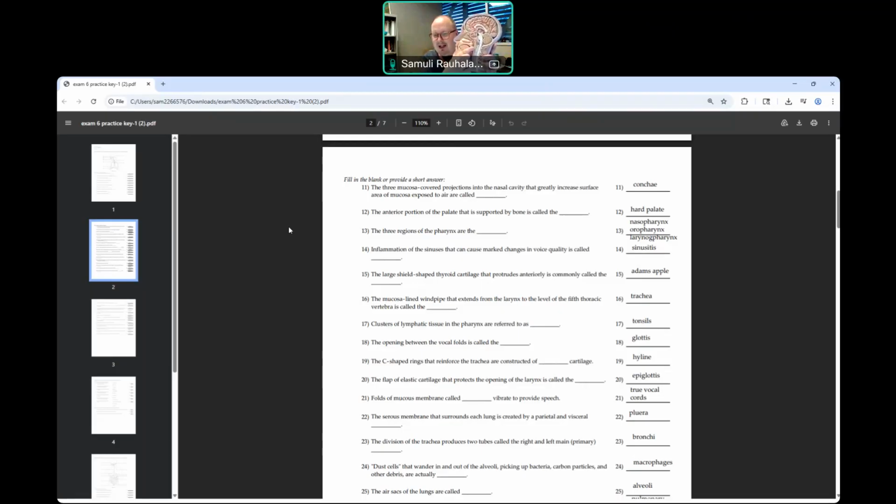It could be divided into three regions: behind the nasal cavity, nasopharynx; behind the oral cavity, oropharynx; and above the larynx, the laryngopharynx. Remember, we had those empty spaces within the skull around the nasal area. These were paranasal sinuses. Sometimes these can get inflamed, and we had sinusitis.